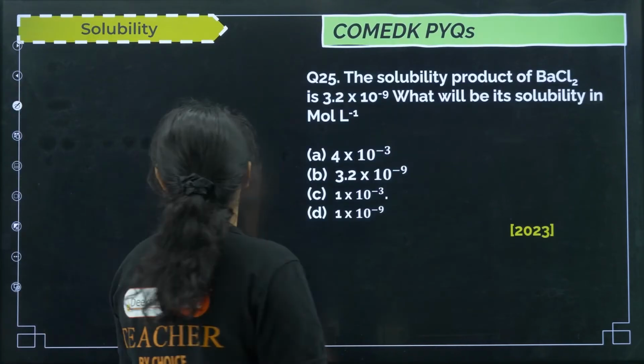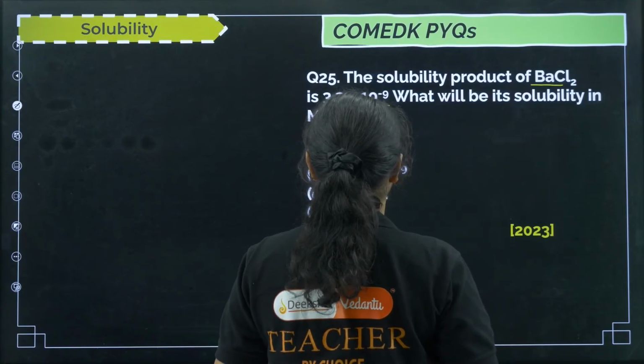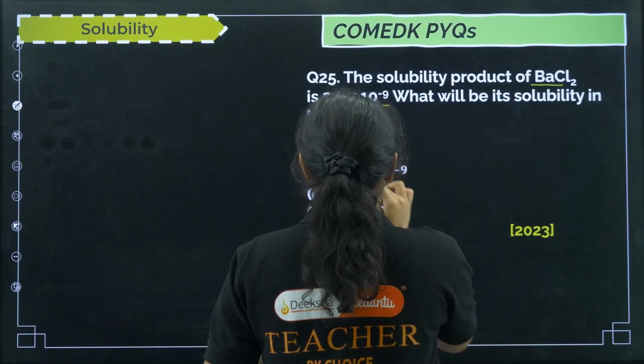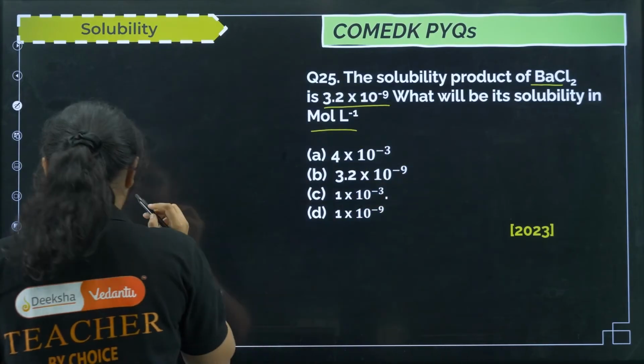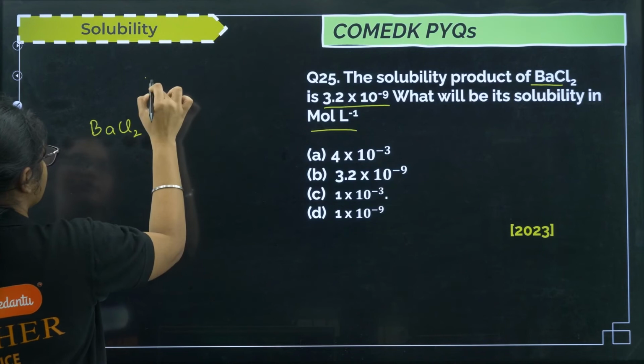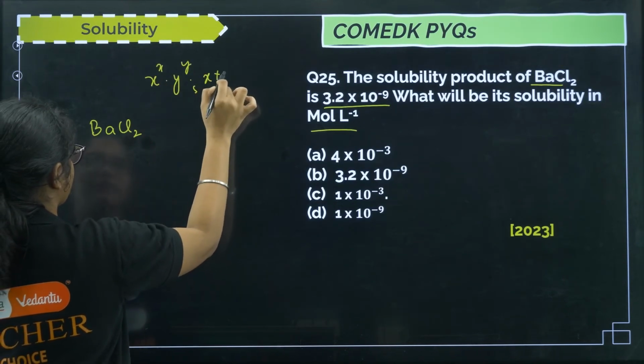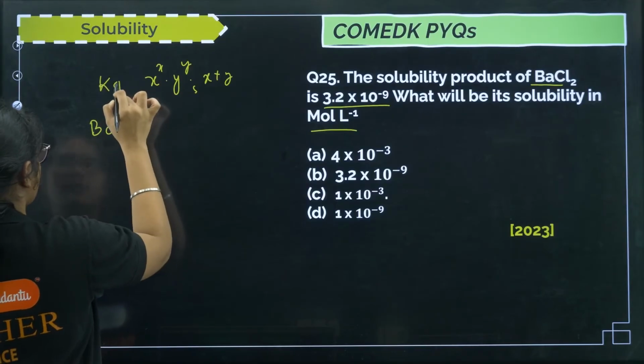Next, question number 25. The solubility product of BaCl2 is 3.2 into 10 to the power of minus 9. What will be the solubility? Okay, so if you see BaCl2, I have told you the formula: x to the power of x, y to the power of y, s to the power of x plus y is equal to Ksp.